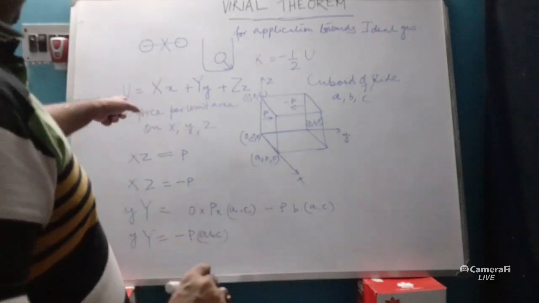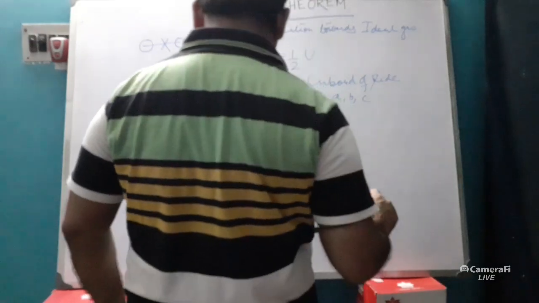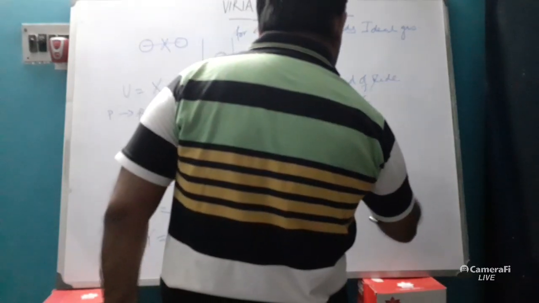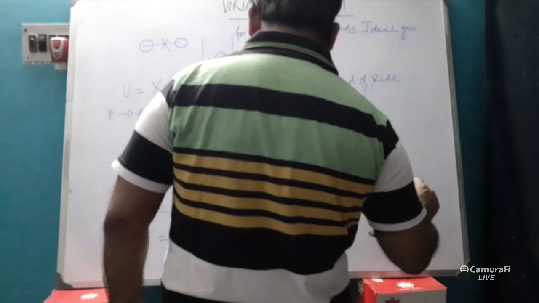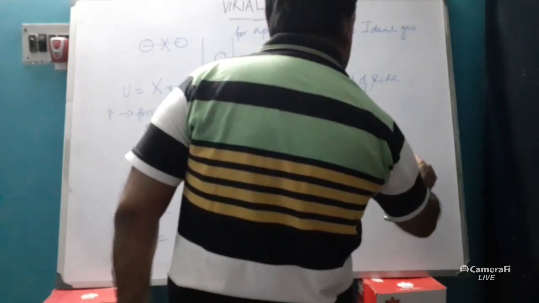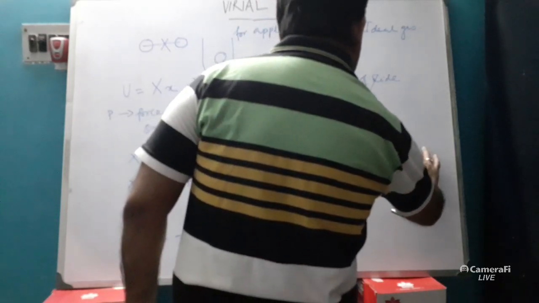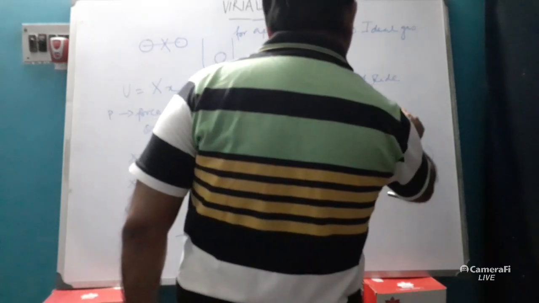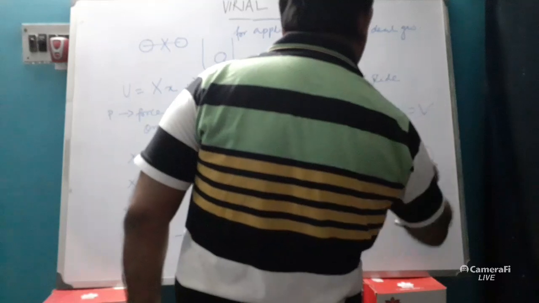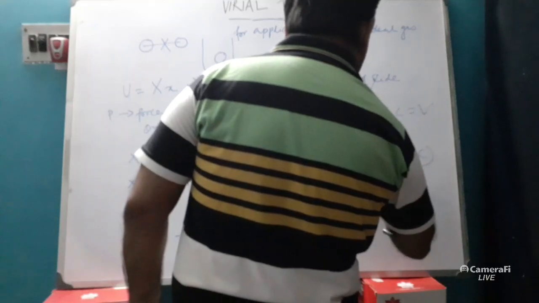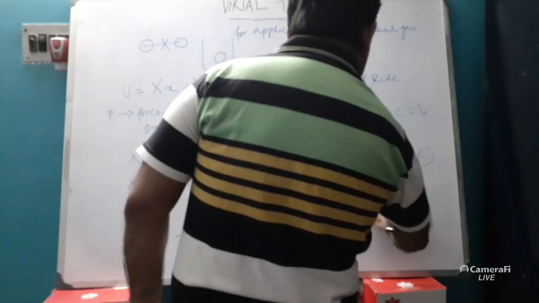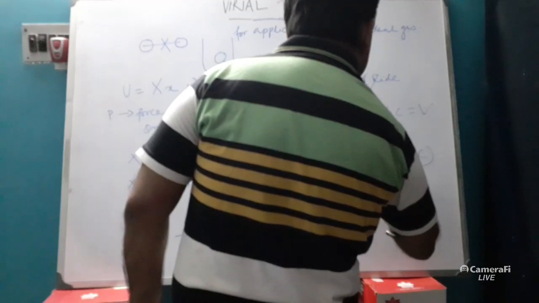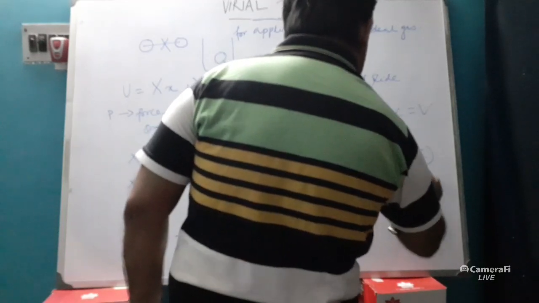Similarly, the value of U in all three directions would be 3 into minus P into ABC. ABC is nothing but the volume of the cuboid. So it becomes minus 3PV.